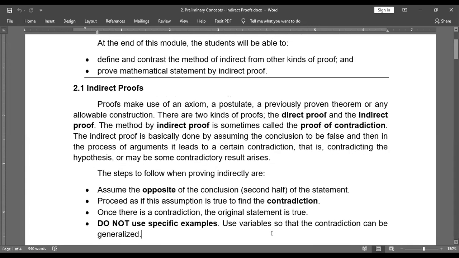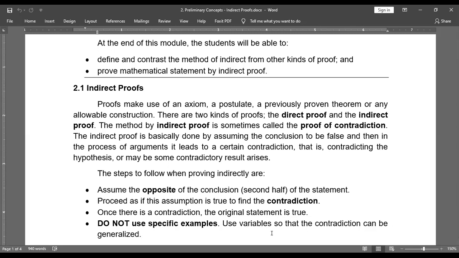So the steps to follow in proving indirectly are: assume the opposite of the conclusion, the opposite of the statement. Proceed as if this assumption is true to find the contradiction. So we oppose the conclusion, and we assume that the opposite is now the true statement to find the contradiction.